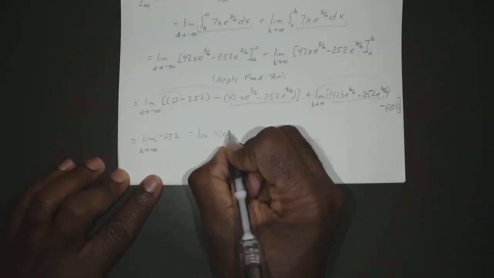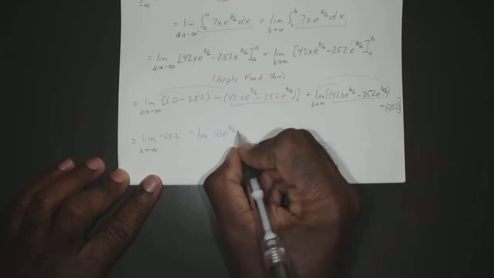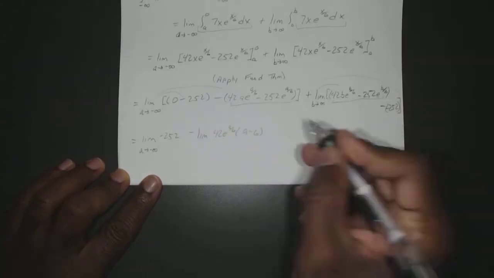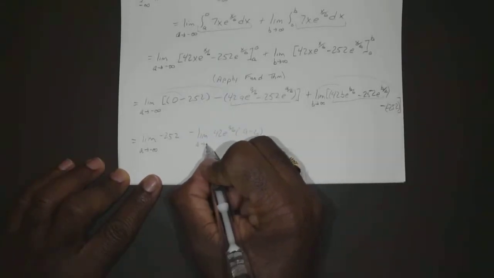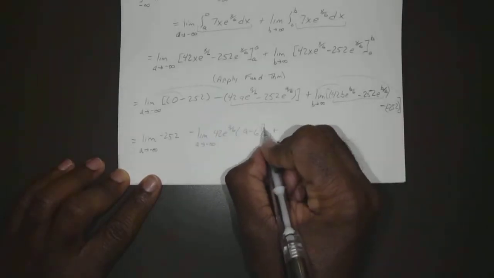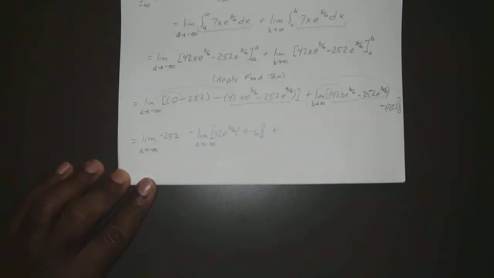So 42e to the a over 6 times a minus 6, because you know 42 times 6 is 252, as a approaches negative infinity. And put a bracket around that whole thing.